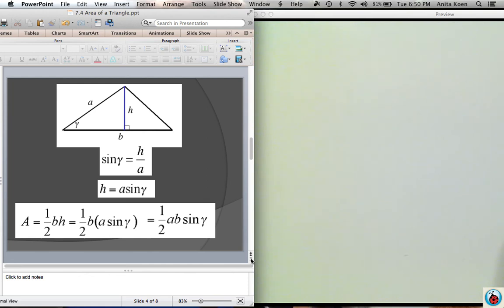So A equals 1/2 the base times the height now becomes A equals 1/2 the base times a times the sine of gamma. a and b are the two sides of my triangle, and gamma is the included angle. So A equals 1/2 a times b times the sine of gamma.